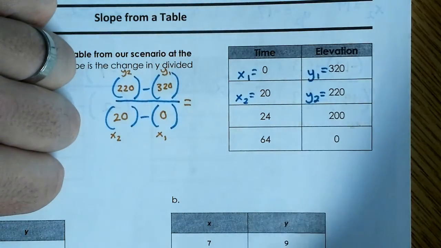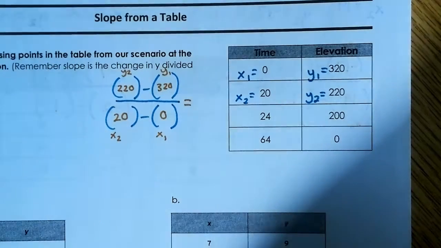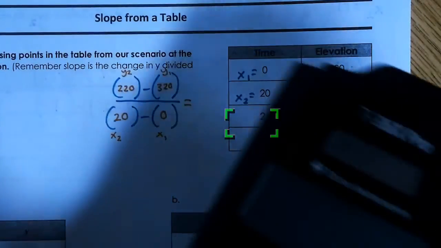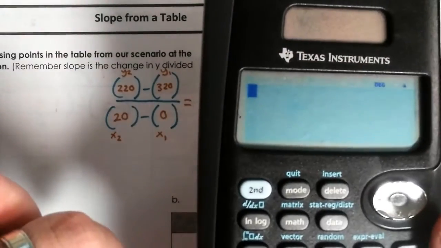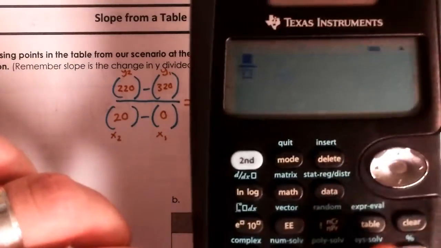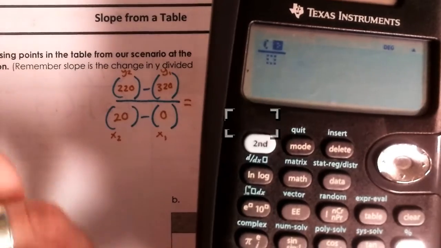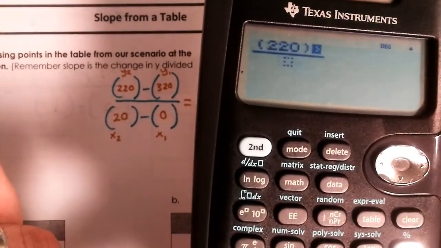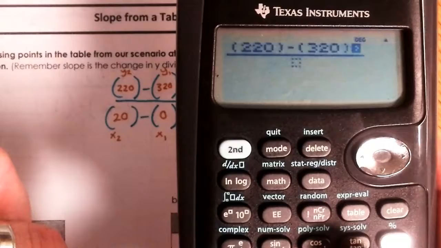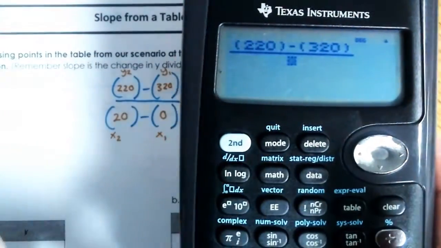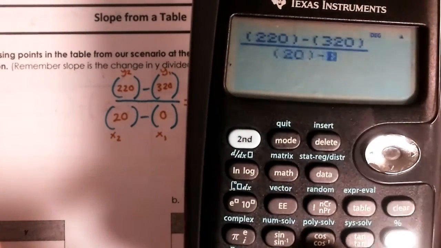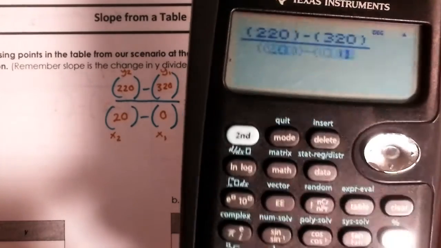I did this last video if you hadn't seen: you go to your calculator and press the fraction button. Then from there you put your parentheses in exactly the way it says. So 220 minus 320. Press down. And then on the bottom you put parentheses 20 minus parentheses 0.